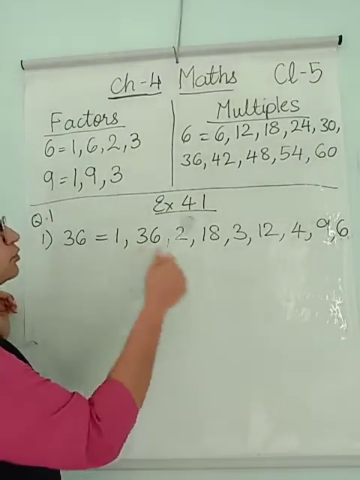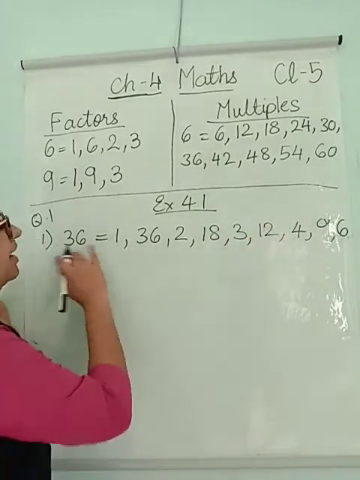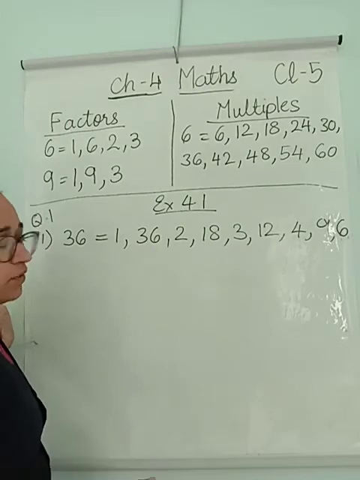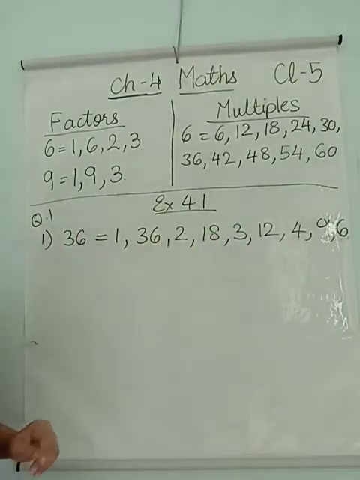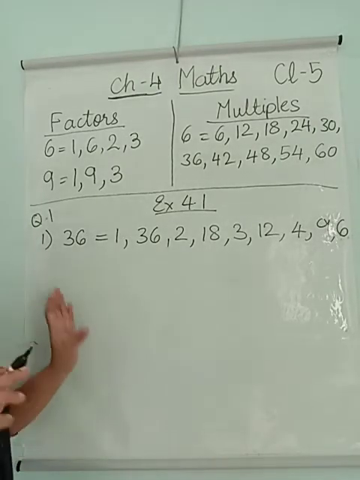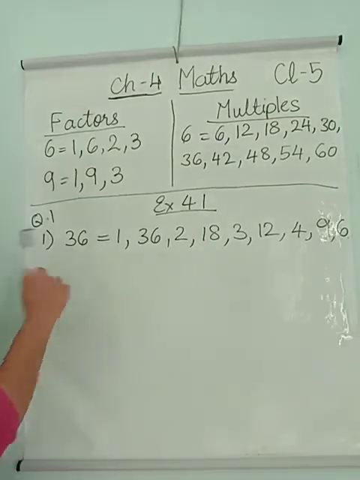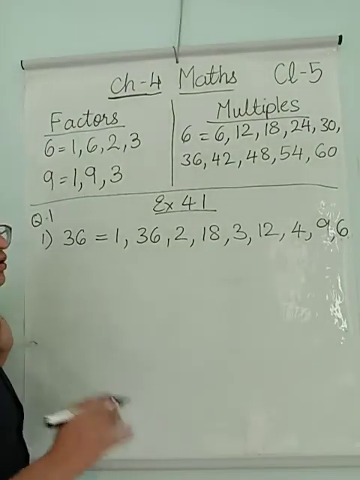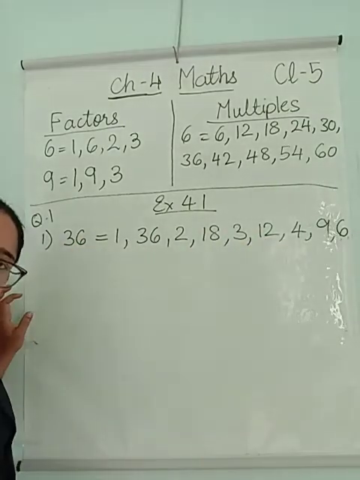If I divide by 2, 18, 3, 12, 4, 9, 6, I will get remainder 0. That is why these are all the factors of 36. So from 1 to 10 or 11 at least you have to check in every table whether this number comes. All those numbers in whose table it comes, you will write those numbers.